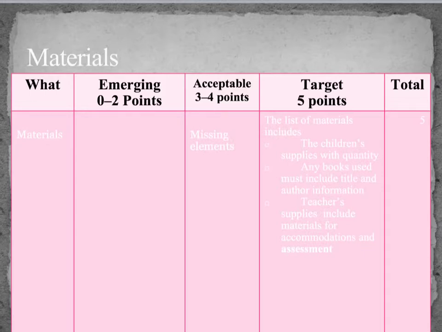I'm looking here for a list of materials which includes the supplies children would need to complete the lesson or activity, any books used, which include the title and the author, not just a general, I will read a book about the beach, but a specific title and author, and any supplies that you would need for accommodations and assessment, such as a digital camera to take pictures of the children, or note paper and pen to write down quotes, whatever it may be, or the checklist that you've designed.